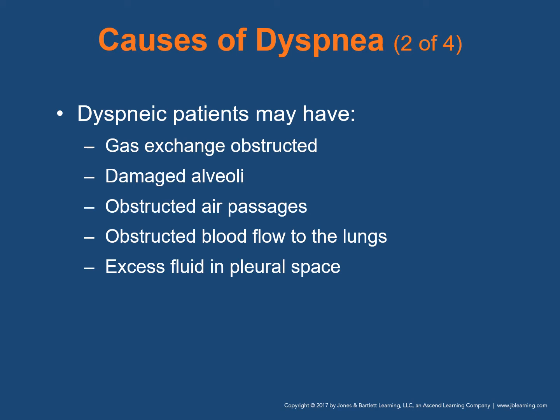In chronic emphysema and COPD patients, their alveoli are actually damaged, from smoke inhalation or whatever has caused their emphysema, and they cannot participate in that oxygen and CO2 diffusion process because they're so damaged.